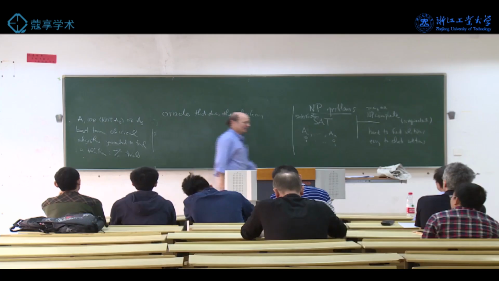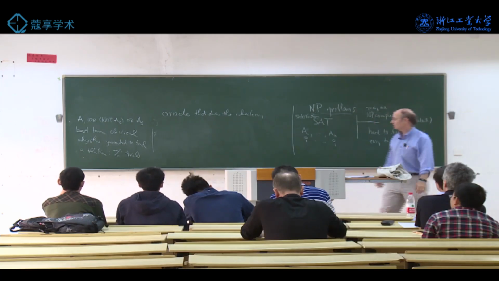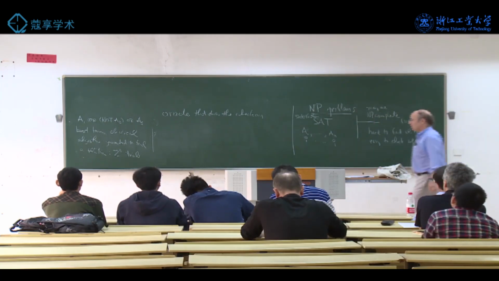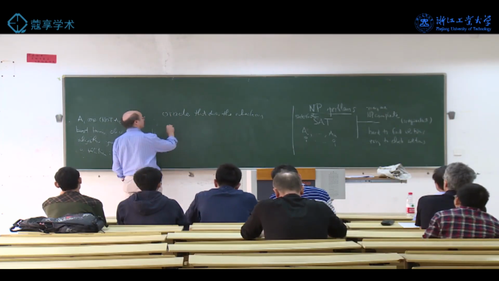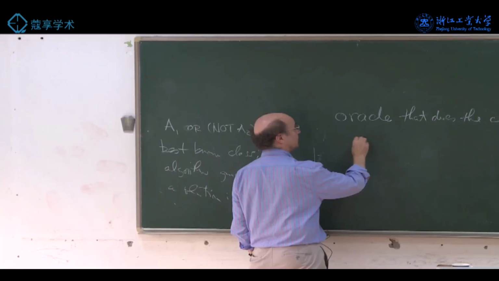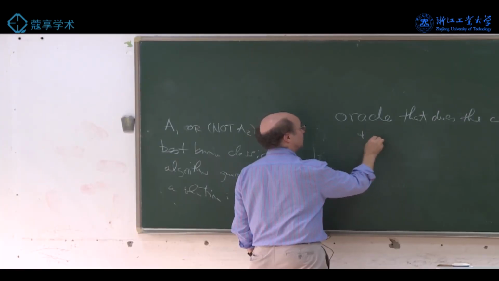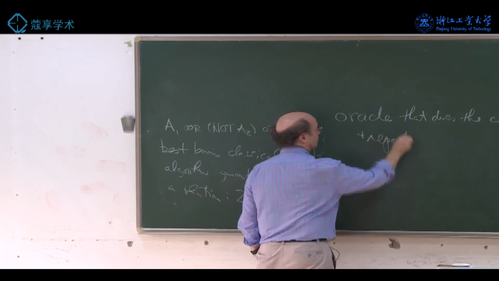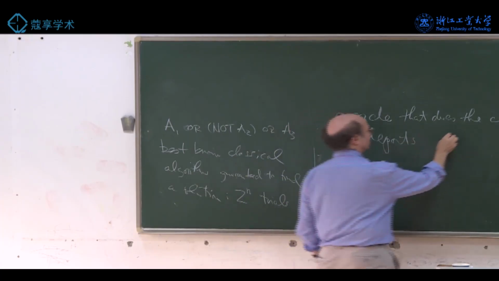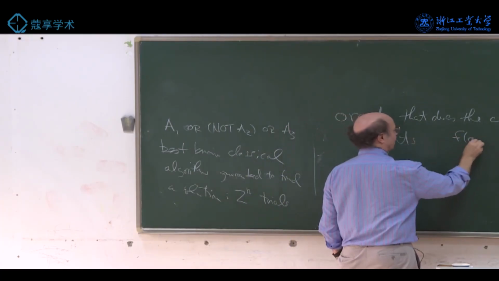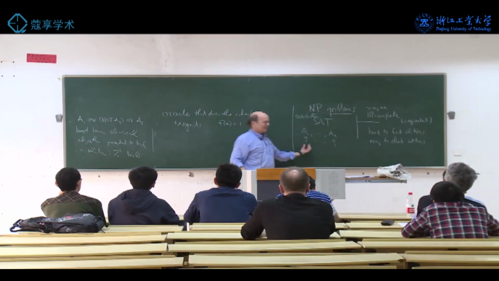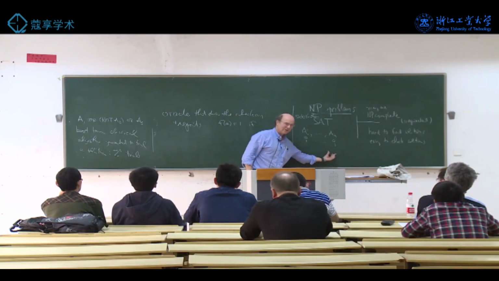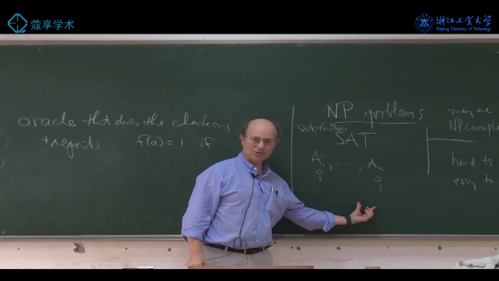So it is not unrealistic to construct such an oracle with a reasonable number of gates. And then it does the checking and reports f of a equals 1 if the assignment that corresponds to the binary number a is a solution.